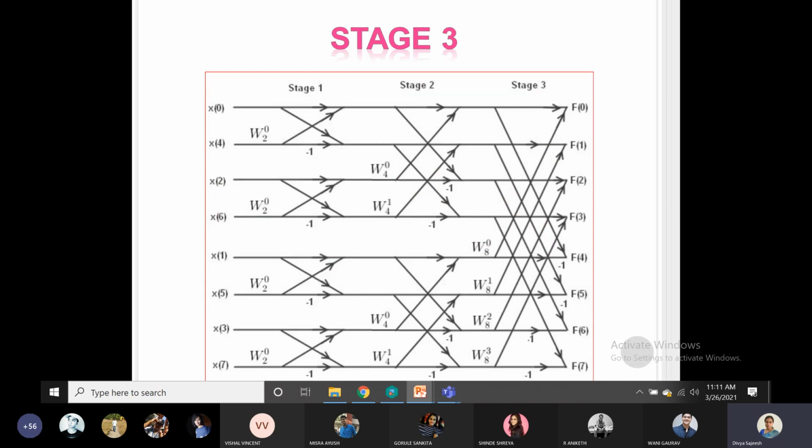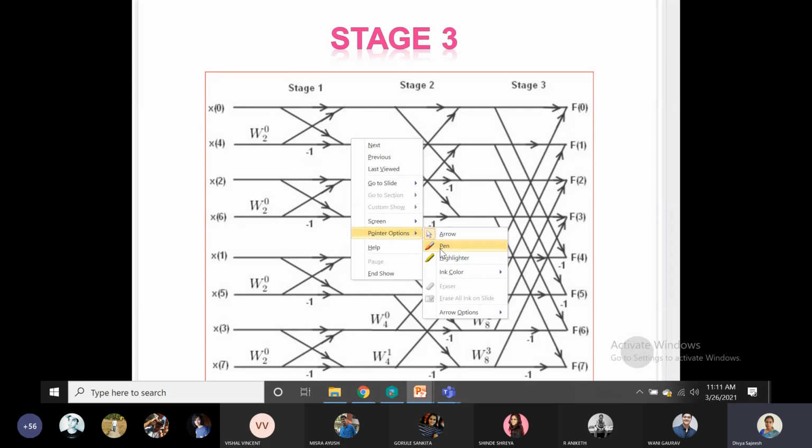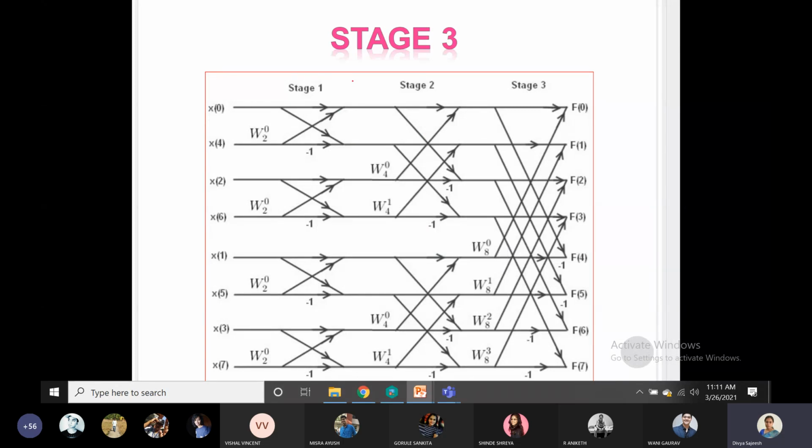Now coming to stage 3, you can see the stage 1 is here. You got all the outputs of the stage 1 here, where 1, 2, 3, 4 butterflies are required. Now in the second stage, we have used 2 clubbed butterflies.